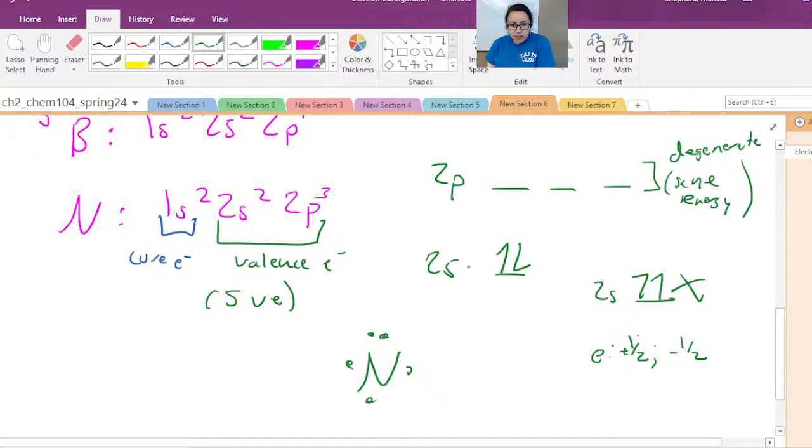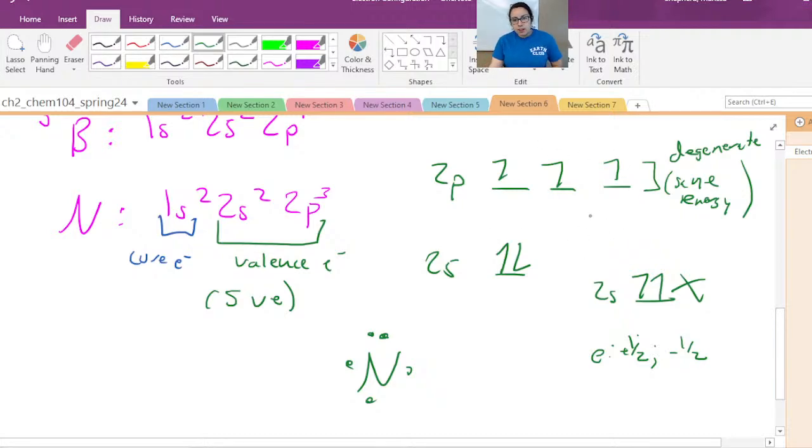So fill in the s orbital first, 1, 2. Now we can continue filling in our p's. But because they're degenerate, we want to put an electron in each orbital before we pair them. Part of that is you pay an energy price for pairing, so they don't really want to be paired. So it's more favorable to be unpaired if you can. And then, of course, you have to fill in the next lowest.